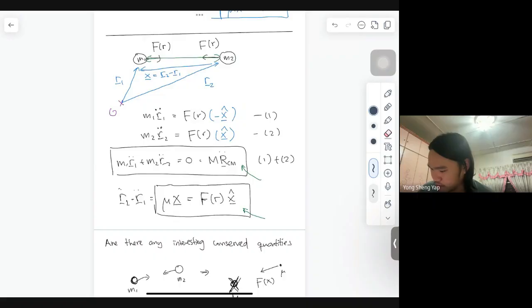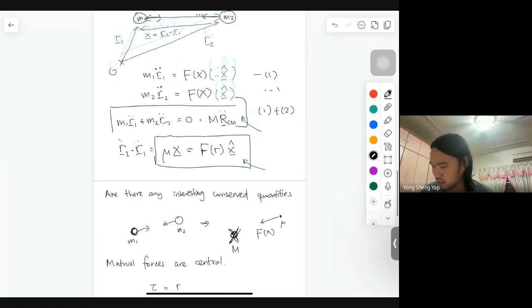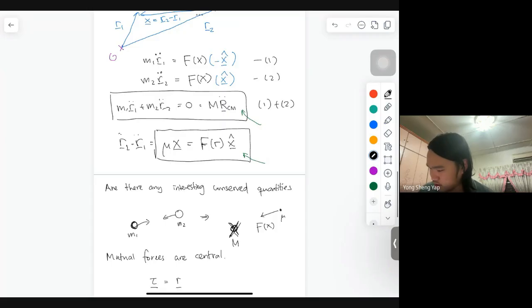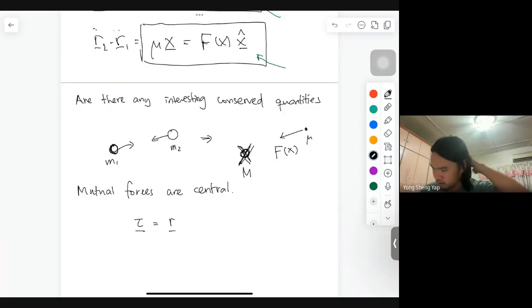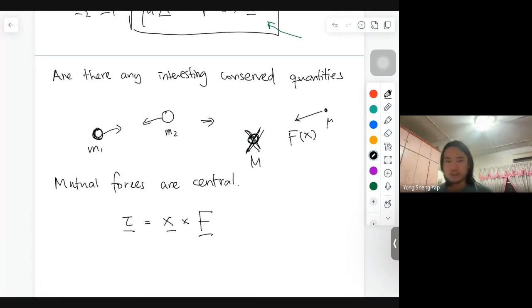This should be just f of x. So they only depend on the relative position of the two bodies. If you remember, something to look at is the torque.